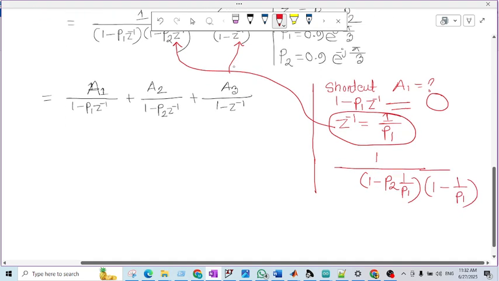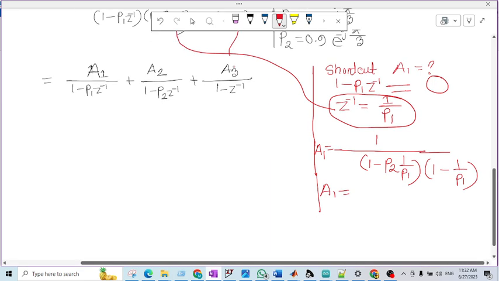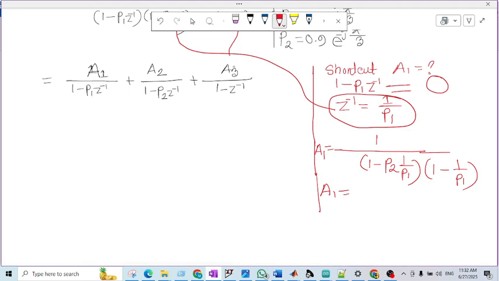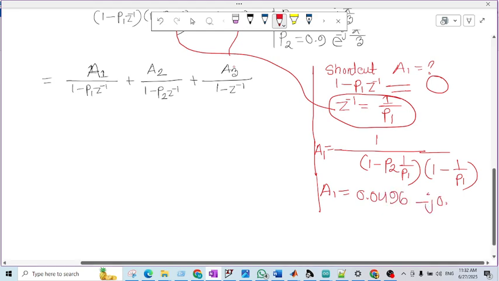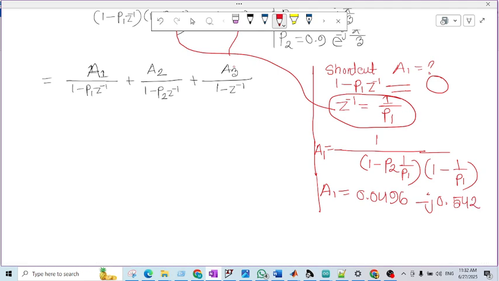Okay, and if you do this, actually this is the value of a1, this is the shortcut technique, and if you do this, you will get a1 is equal to 0.0496 minus j 0.542.